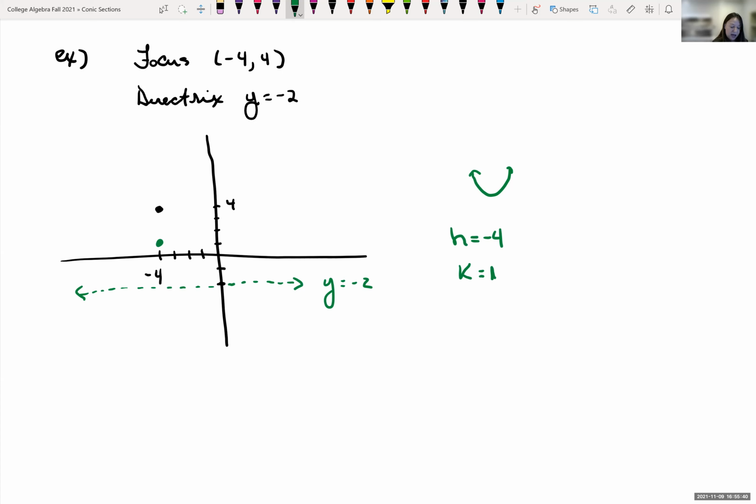Again, it's facing up, so I know that my x values are the ones that are squared, not positive, I'm sorry, squared. So it's x minus h, quantity squared, equals, it's up, so it's positive, 4a times y minus k.